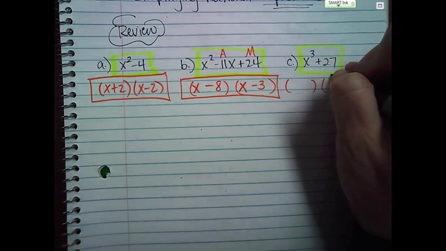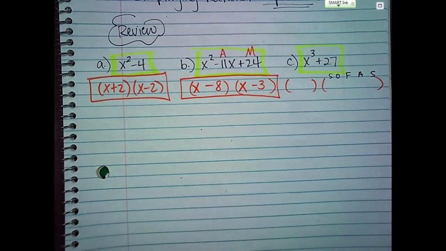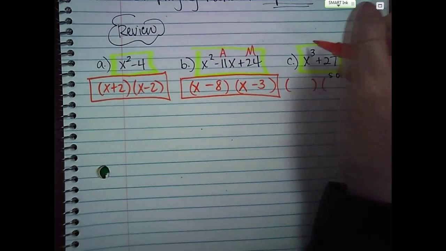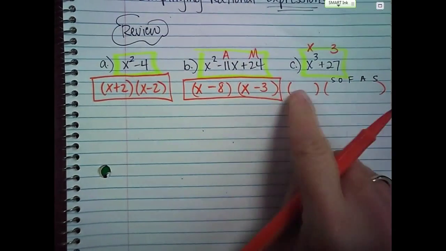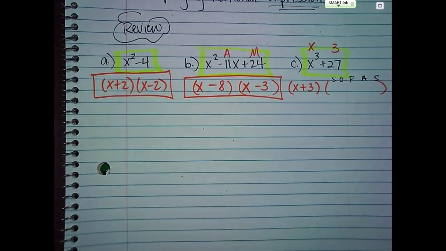So this is SOFAS, S-O-F-A-S. And before we could do anything, since they're perfect cubes, we take the cube root, not the square root. So this becomes an x and a 3. So the first one is just exactly that, x plus 3. Now see if you can fill in the next part.